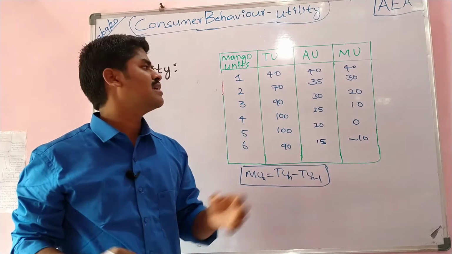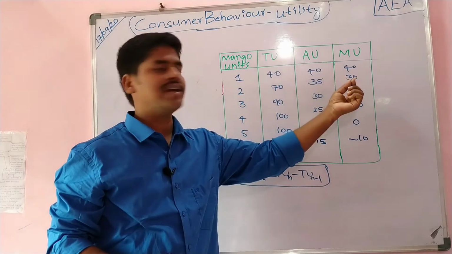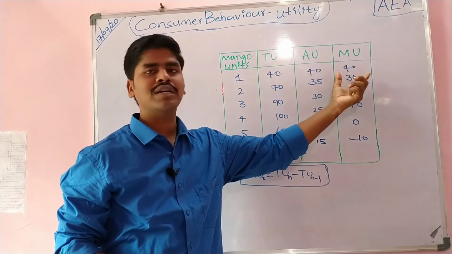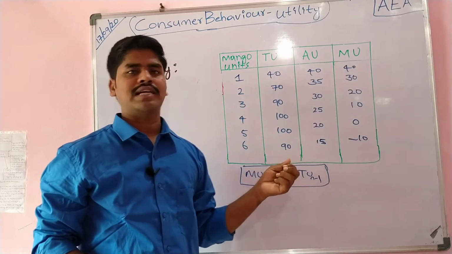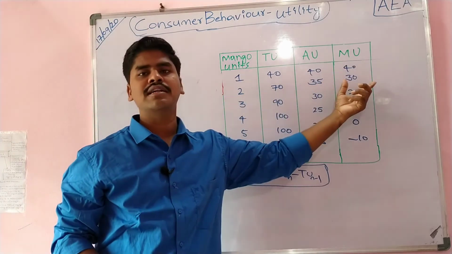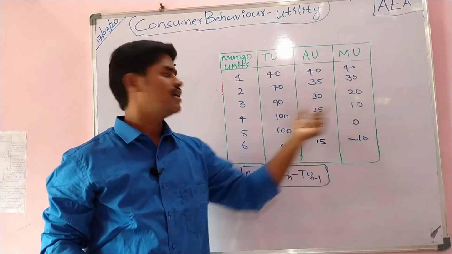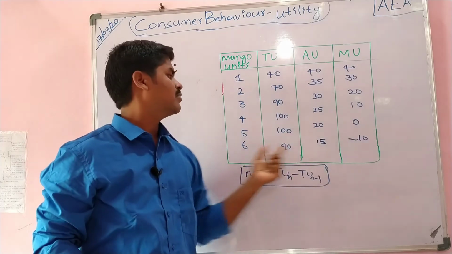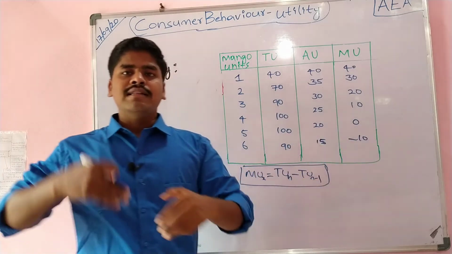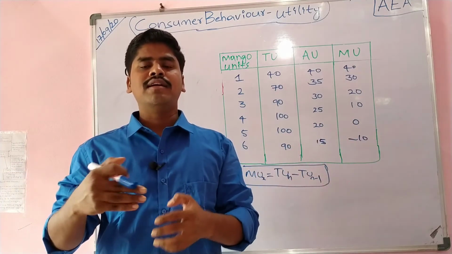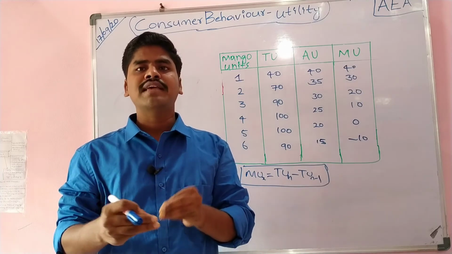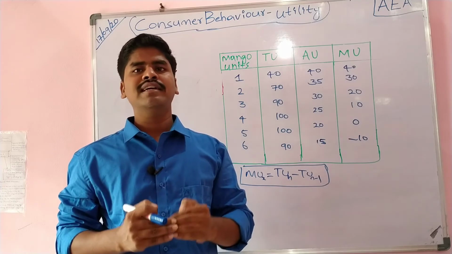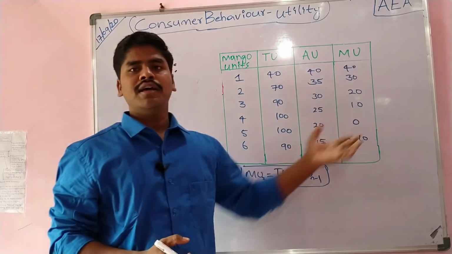Satisfaction, utility, can be measured in utils. The first mango gives 40 utils, the second mango gives 30 only, the third 20, the fourth 10, the fifth 0, and the sixth 10 in negative. It means that when the consumer consumes the same commodity again and again, the utility diminishes. That is marginal utility.